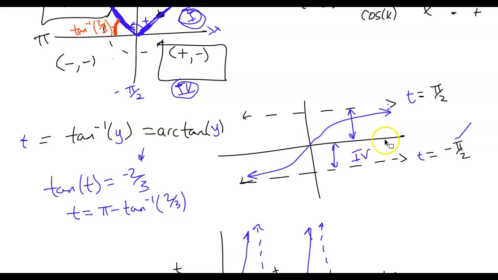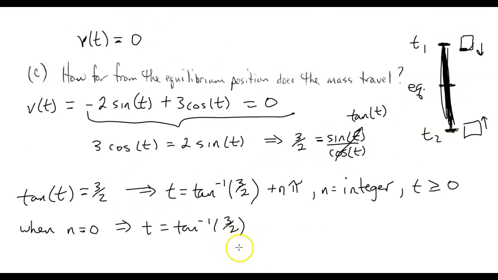So positive values here yield positive outputs for the tangent inverse function. Negative values here yield negative values for the tangent inverse function. Okay. So this is how we know that we are properly using the tangent inverse function here.